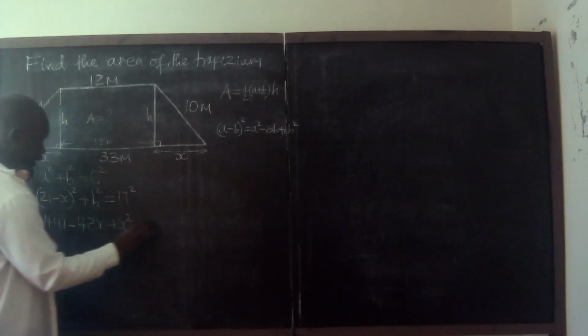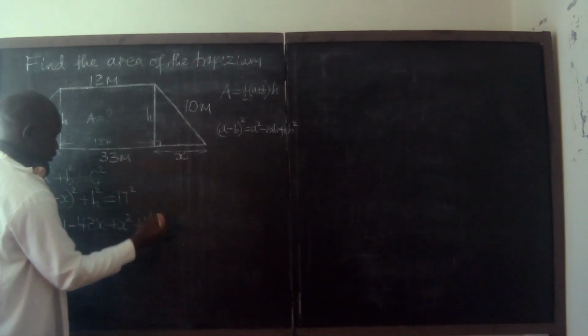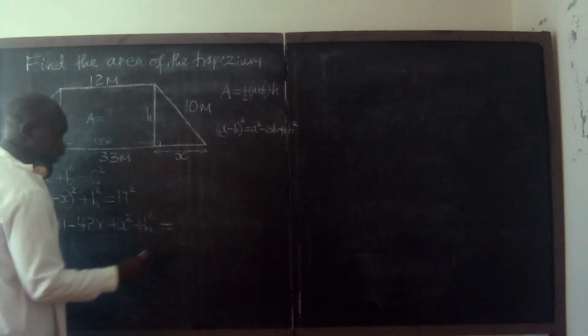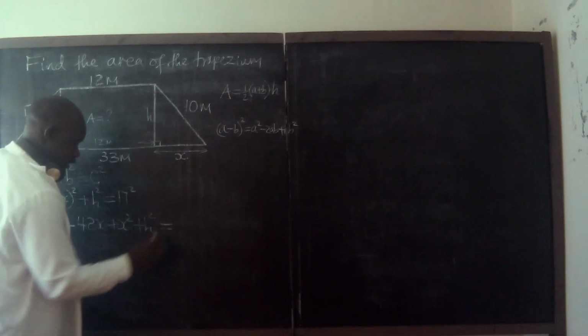Then we have plus h squared equal to 17 squared, which is 289.